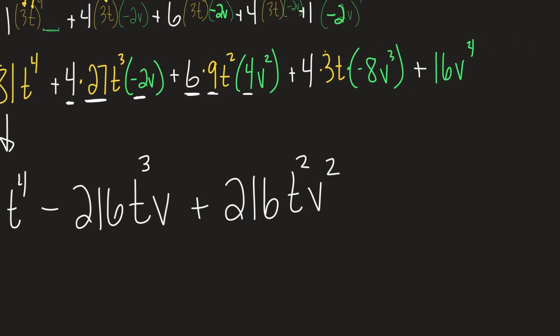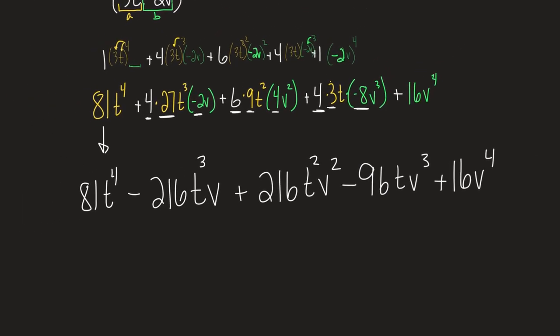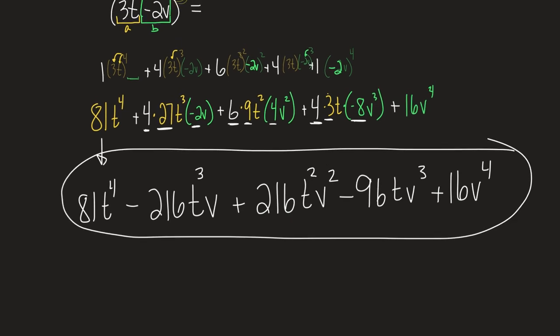And then the next one is going to be a minus because I have 4 times 3, which is 12, times negative 8. So minus 96 t v cubed. And then nothing changes with my last one, so that's just 16v to the 4th. So these are all 5 terms of your 4th power binomial expansion.